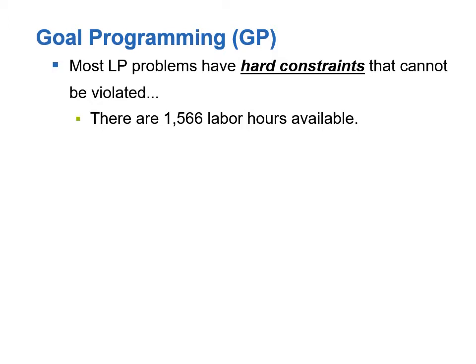But in some cases, these hard constraints are too restrictive. It means that, for example, in the above example, you have $850, let's say, and you want to keep the project within that budget, less than this amount.